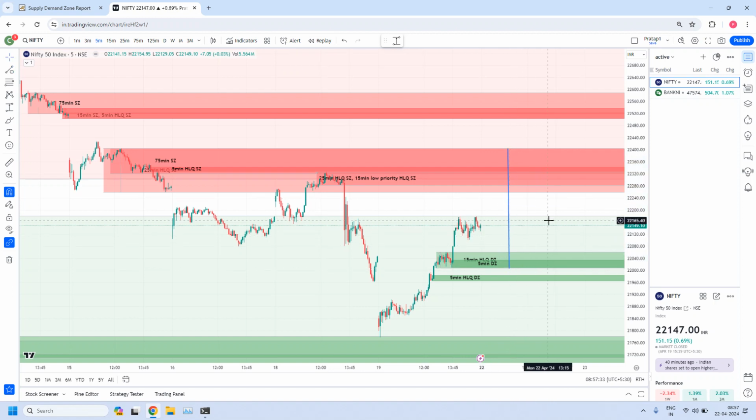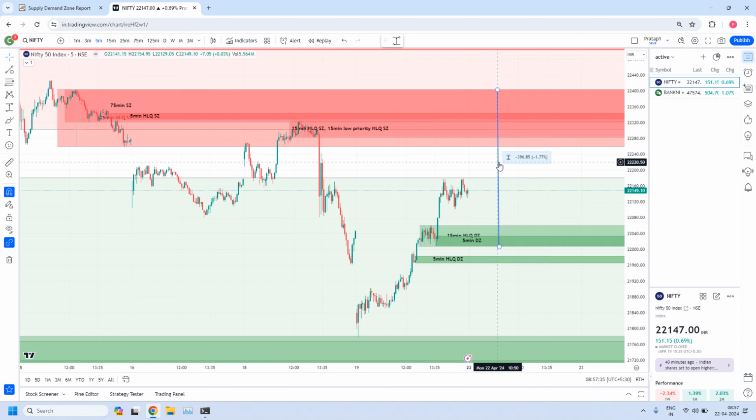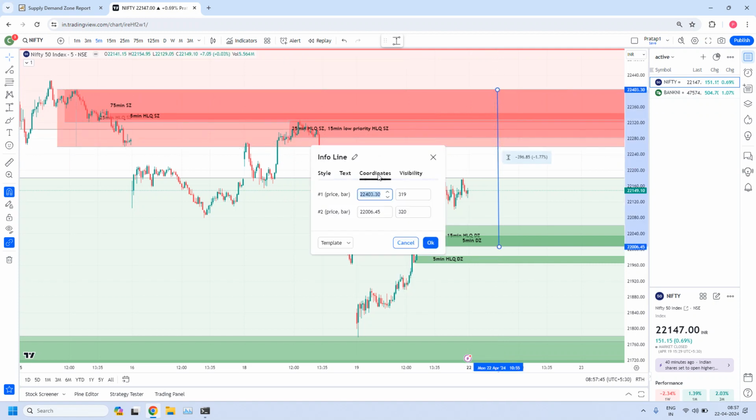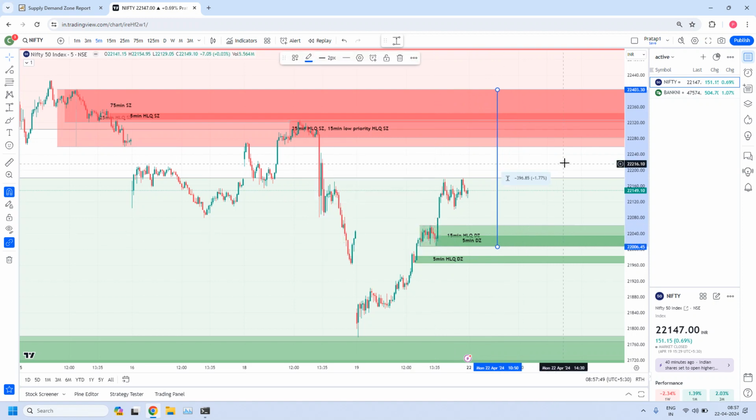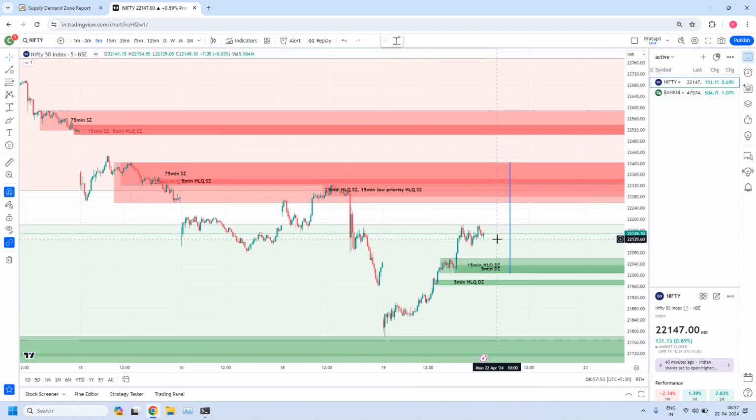So we have around how many points? 396 points range is here, from here to here. 396 range.